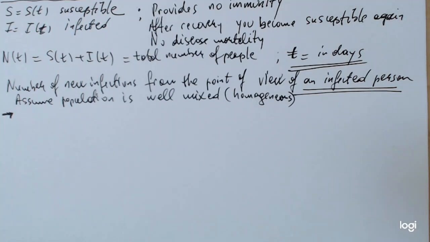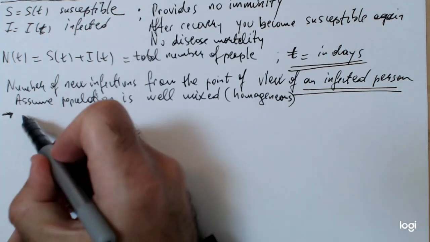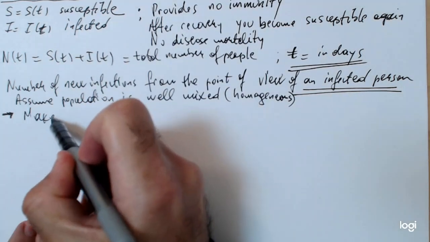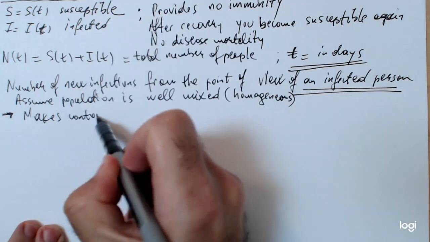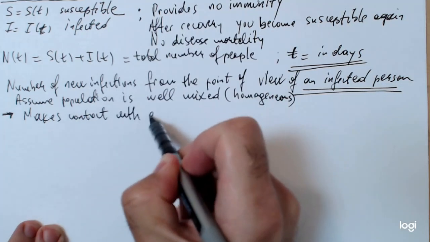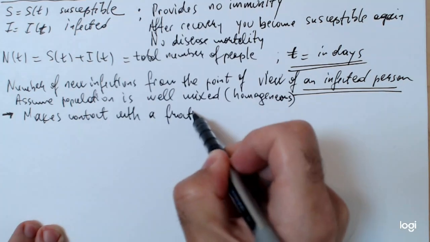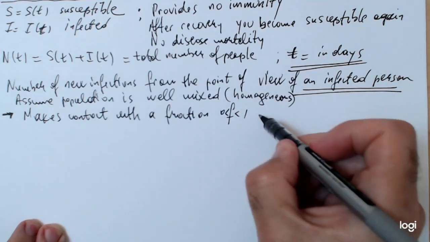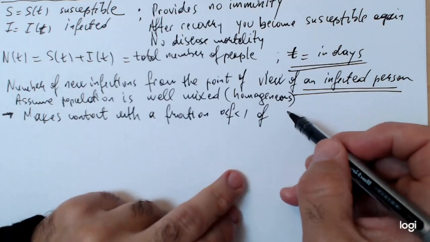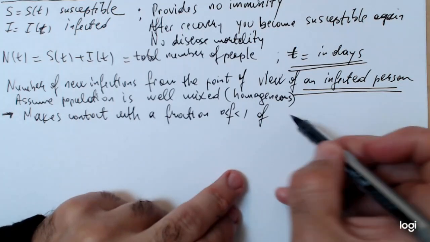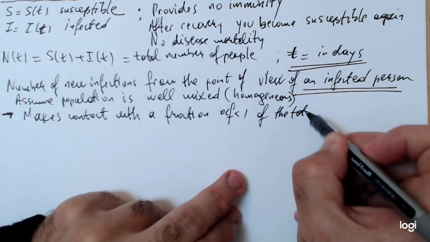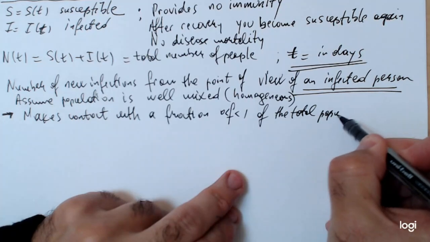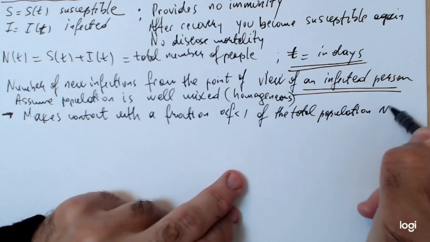So this infected individual per unit of time, let's say he makes contact with a fraction f, so that's a fraction between 0 and 1, of the total population, N of t.